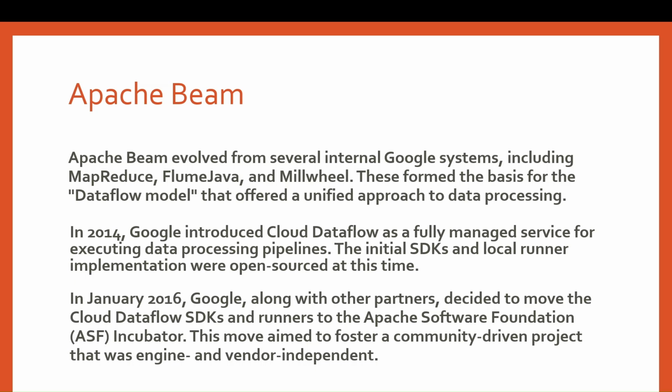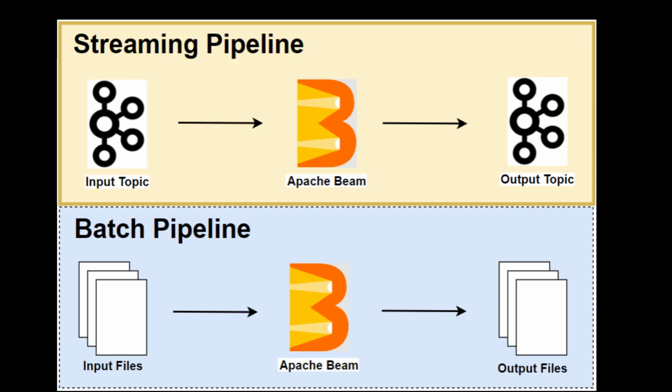Let's talk about the scenarios where we can use Apache Beam. Apache Beam can be used in a very large context of data processing, like real-time data processing, batch data processing, or sometimes data integration as well.